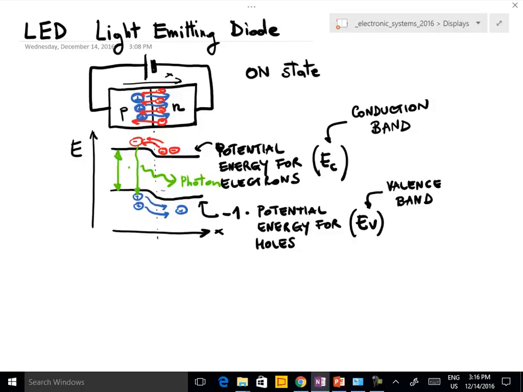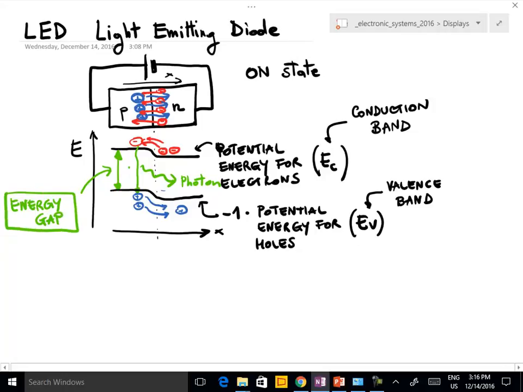This, in semiconductors, is typically called the energy gap. So the energy gap is the energy that is lost during a recombination of an electron with a hole, and in light-emitting diodes this energy is transformed into one photon. Okay?